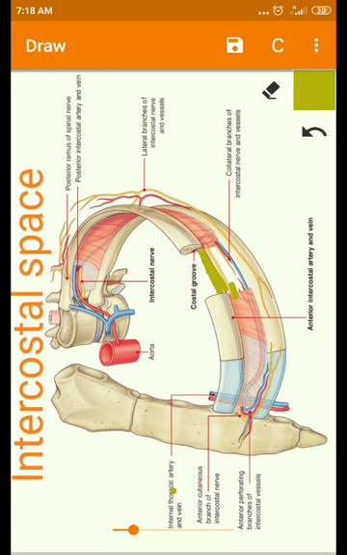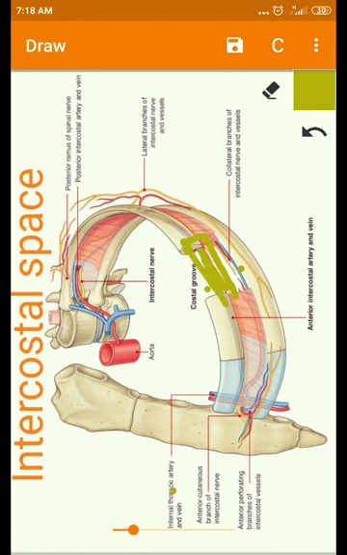That is the sequence from above downwards in which these vessels and nerves are placed. They are placed only at the superior aspect of the intercostal space.